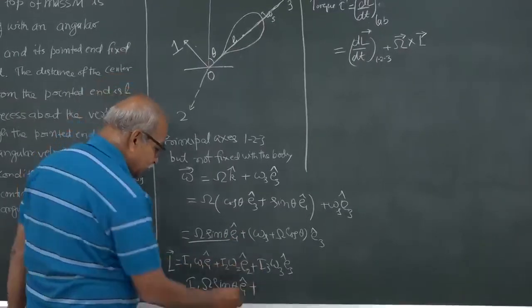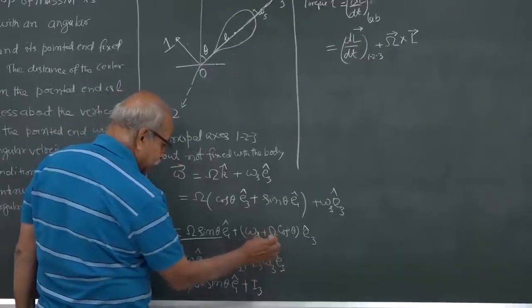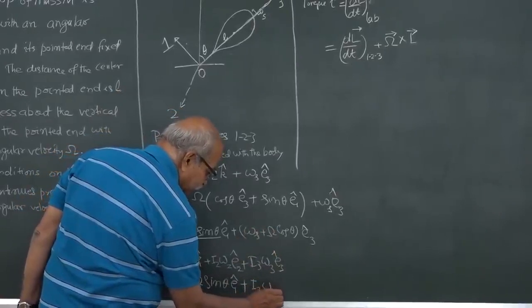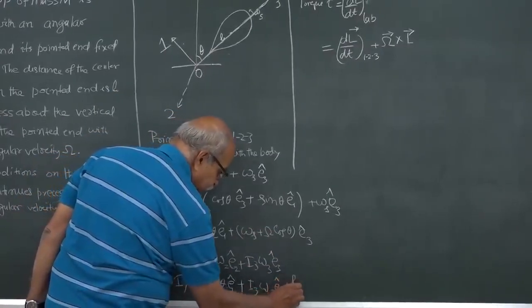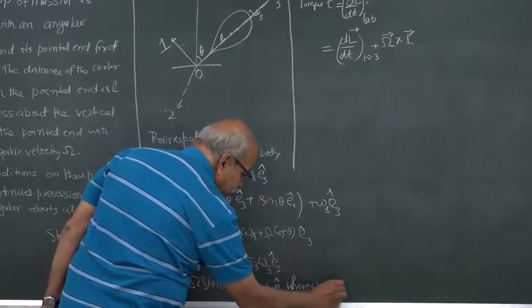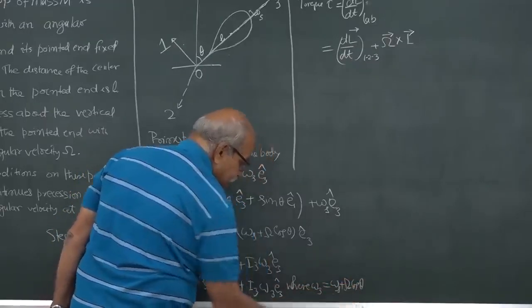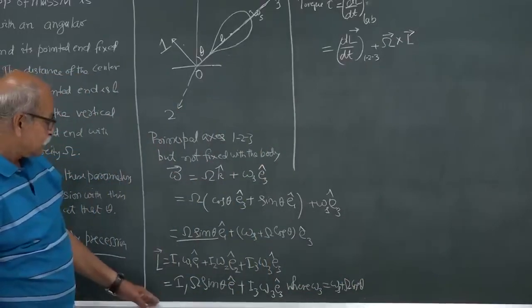Then I3 omega 3, and what is omega 3? Omega 3 is this, and we will write that as omega 3, where omega 3 is omega s plus capital Omega cos theta. Okay.